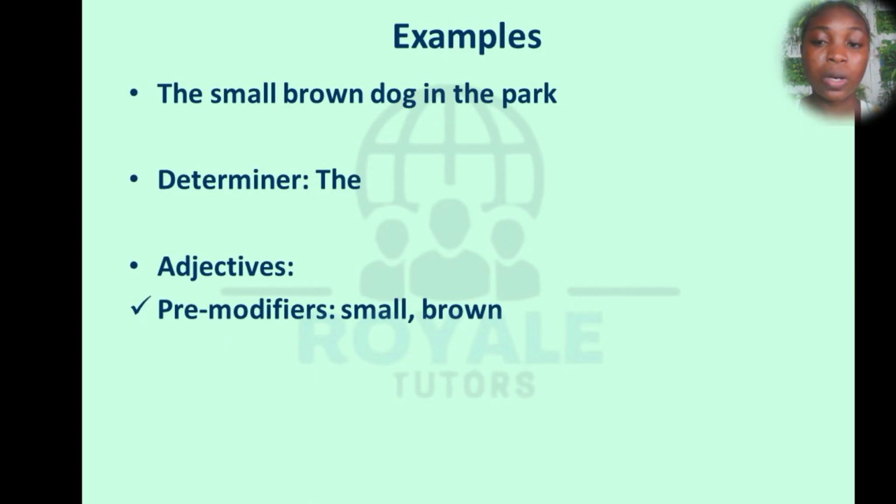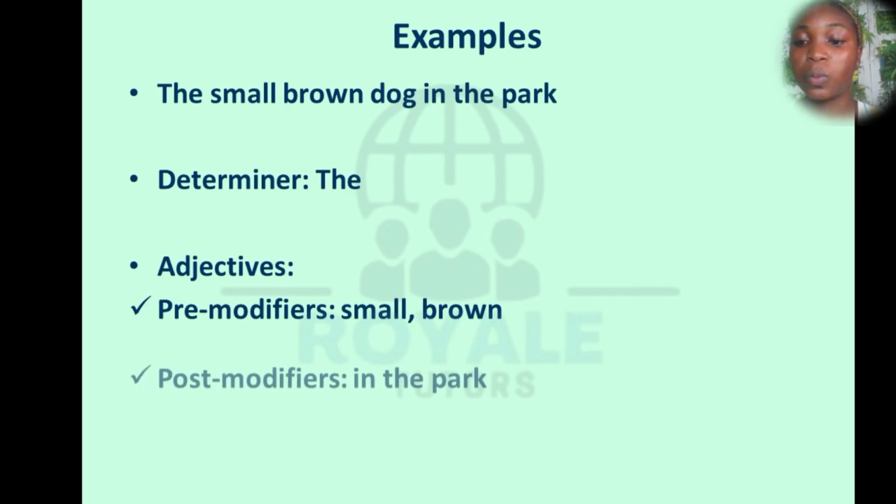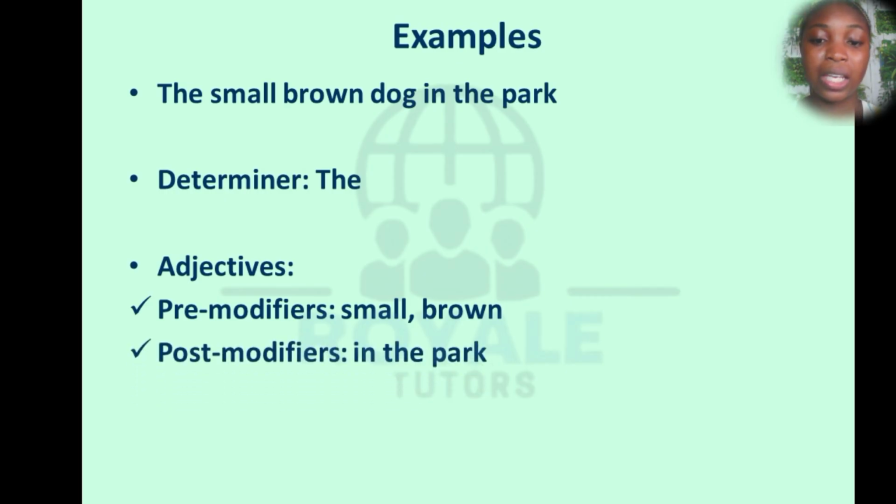So we are looking at the parts of a noun phrase in this sentence. We've already identified the determiner, which is the. We are identifying the pre-modifiers, which are small and brown. And then moving on, we have the post-modifier, in the park. And then we have the noun, or the head noun, which is dog.